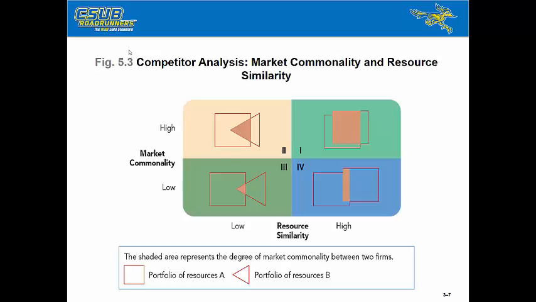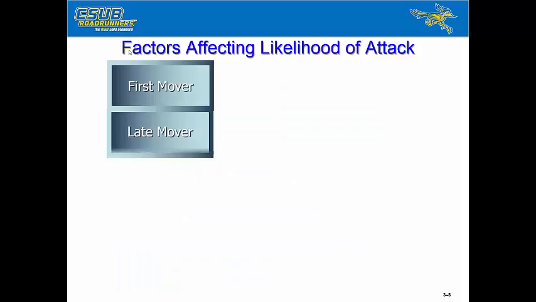So if resource similarity is high and market commonality is high, you'll see here there's a whole lot of overlap in the competitive position of the two companies. If they're both low, there's very little overlap. So the question that you want to ask yourself first in competitive analysis is how similar are the markets the two companies target, and how similar are their resource bases?